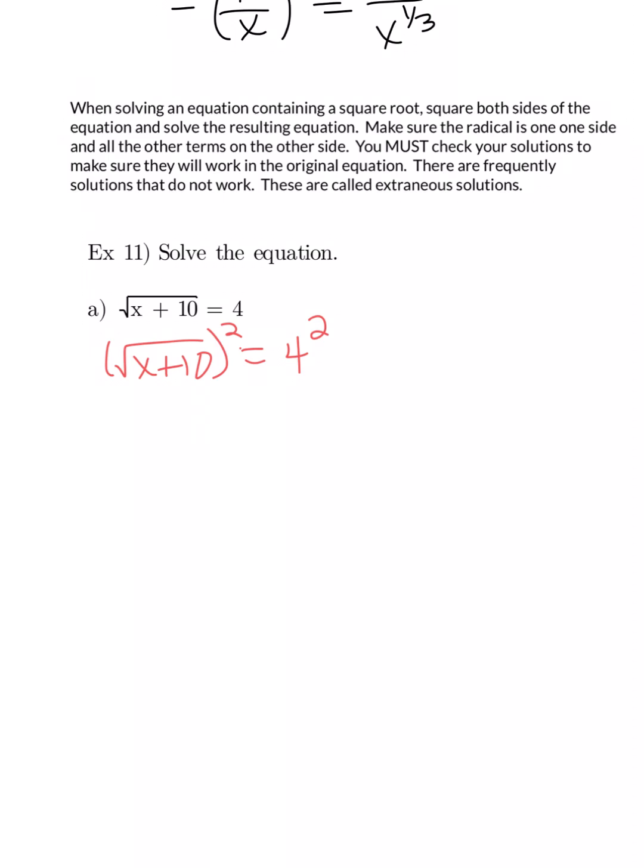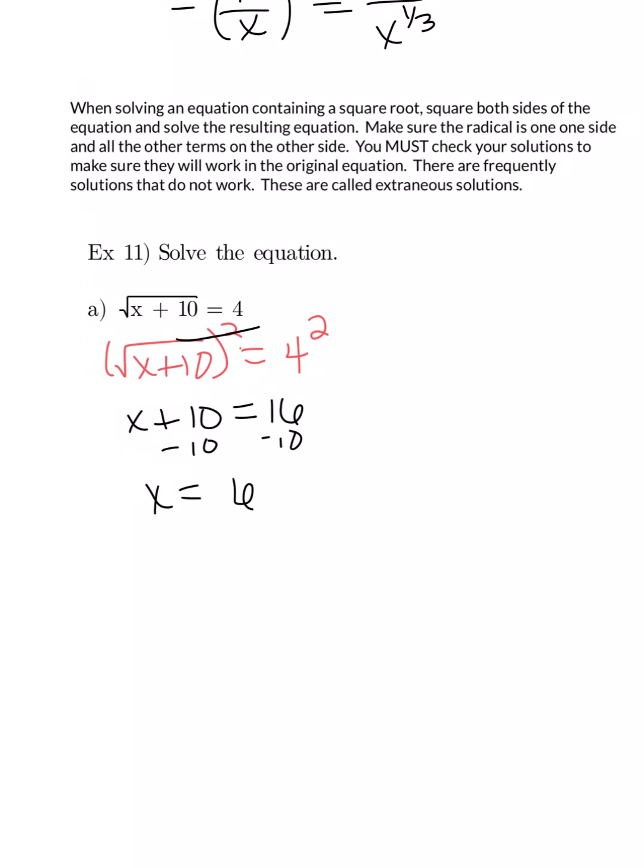When you square a square root, they offset each other, and you are left with just the radicand, the inside part. So our left side of our equation becomes x plus 10. 4 squared is 16. Now we have a little algebraic equation to solve. We're going to subtract 10 on both sides, and we get x equals 6.